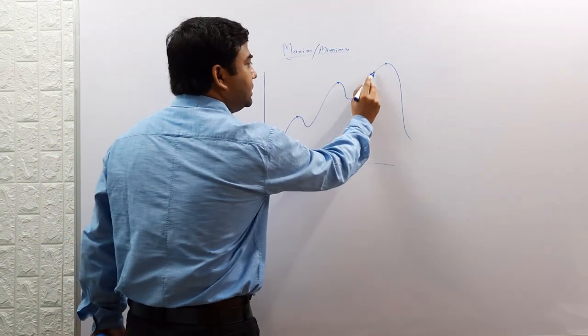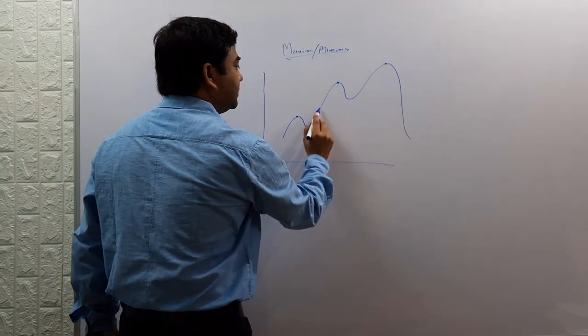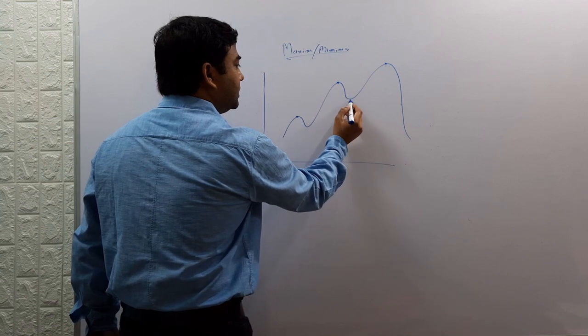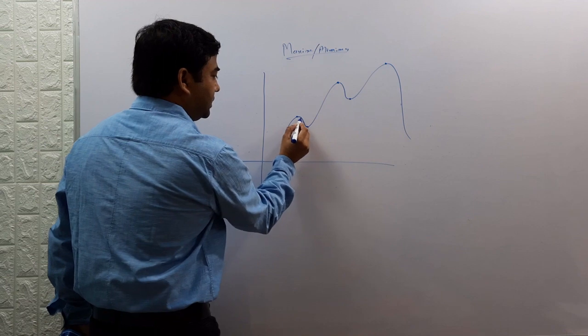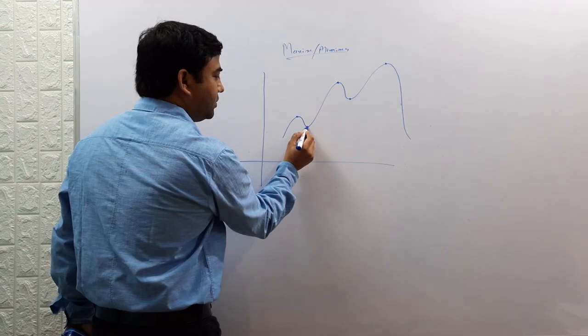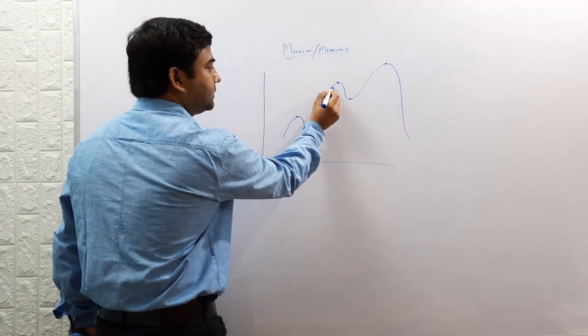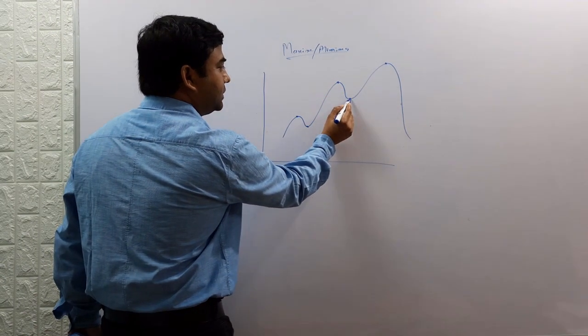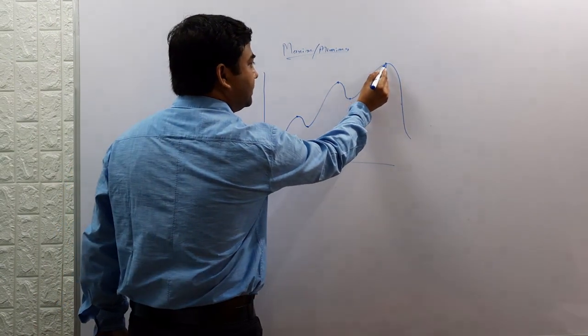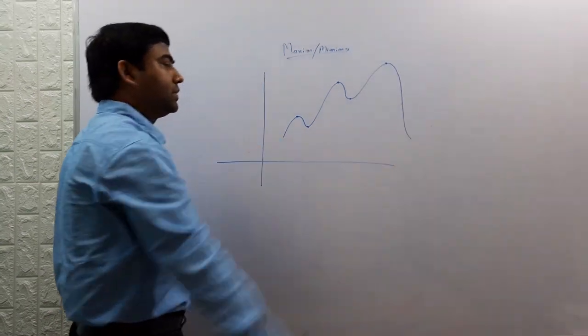Here it was increasing, now it is decreasing. Here it was increasing, now it is decreasing. Similarly, these points are also turning points. Here it was decreasing, now after this point the function is increasing. After this point the function is decreasing. After this point the function is increasing. After this point the function is decreasing.